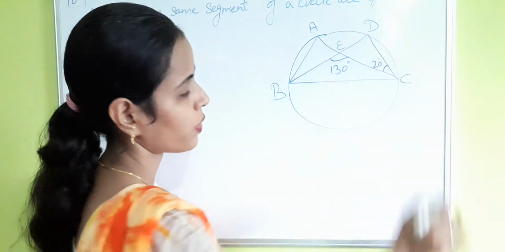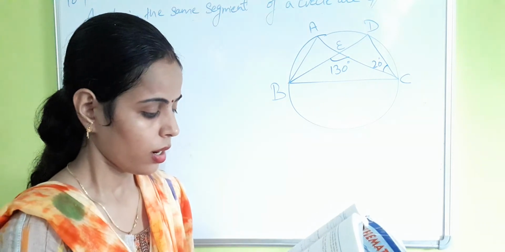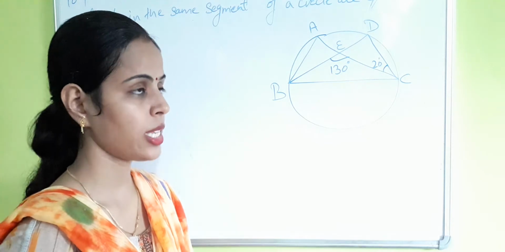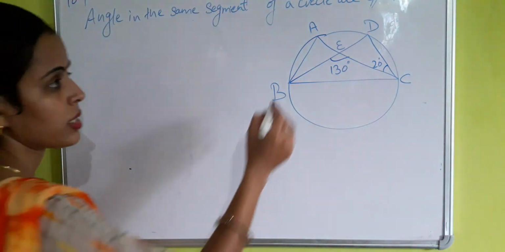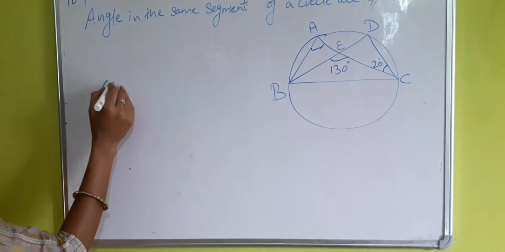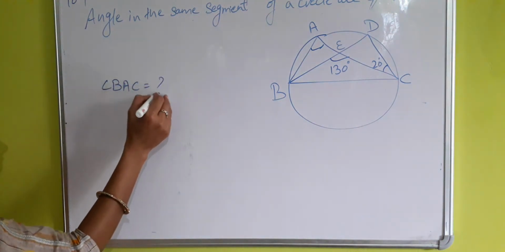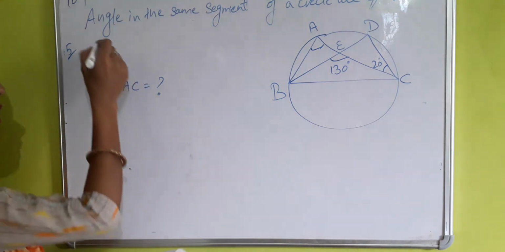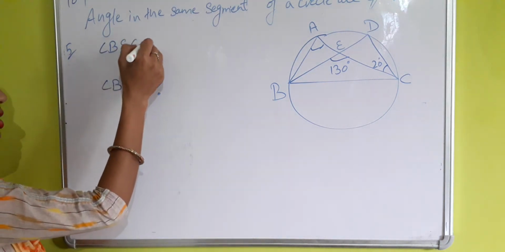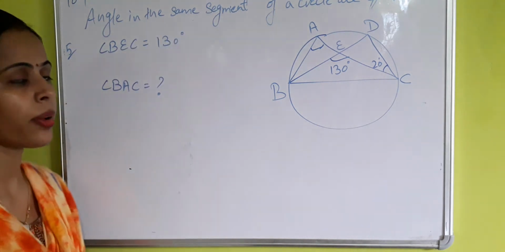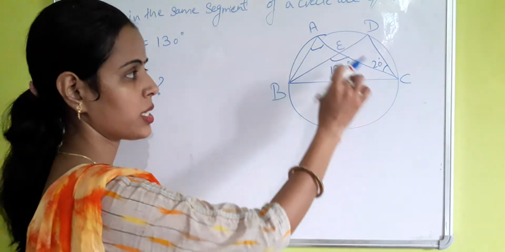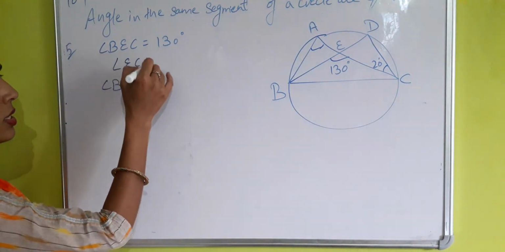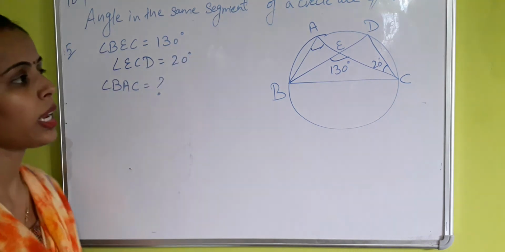Angle C equals 20 degrees. Find angle BAC. The values of these two angles are given. Angle BEC is equal to 130 degrees. Angle ECD is equal to 20 degrees.